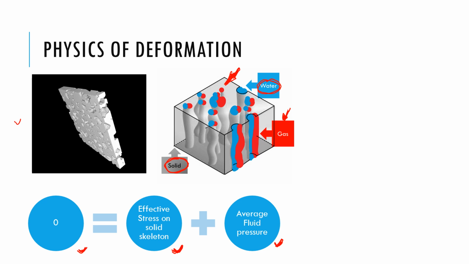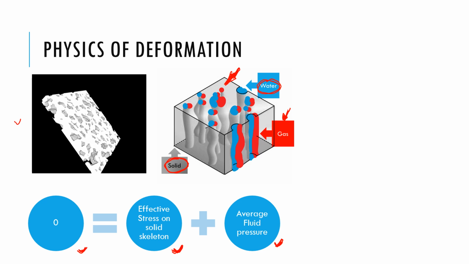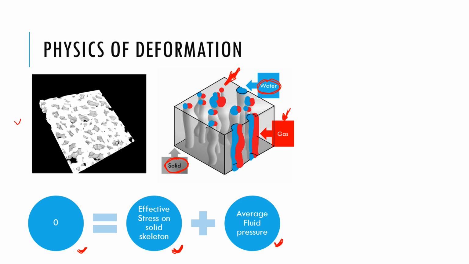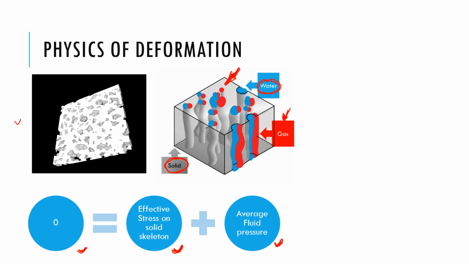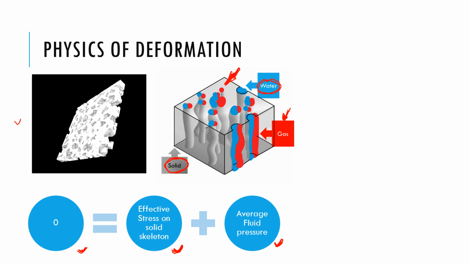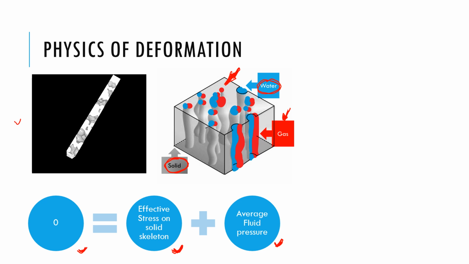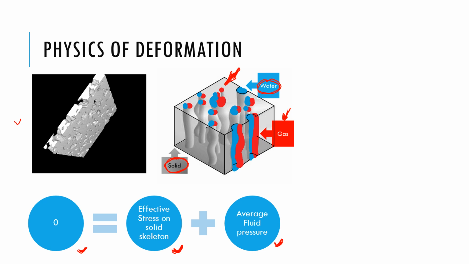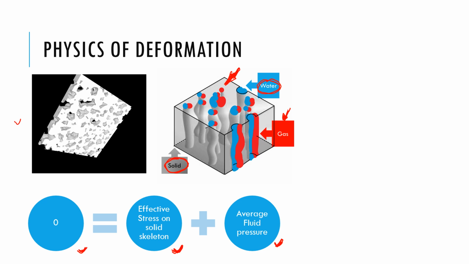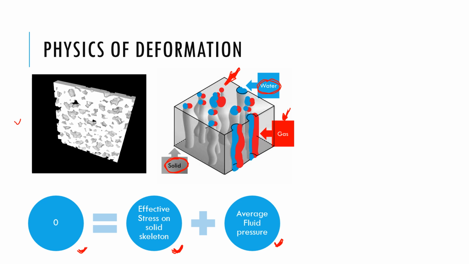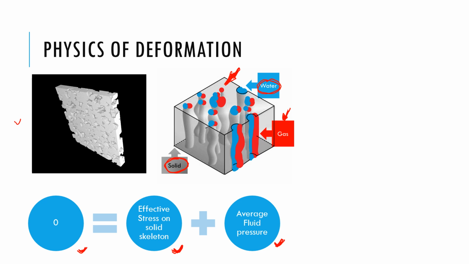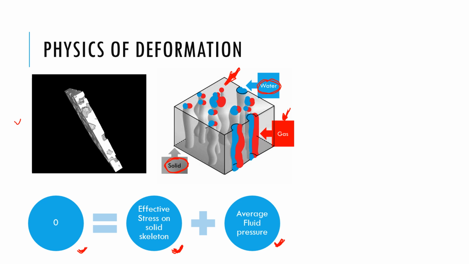All of that in the transport equation earlier is going to give us the fluid pressures. If we know the gas pressure and the liquid pressure, we can take a weighted average of them to get the fluid pressure. And because we know the fluid pressure, we can find the stress on the solid skeleton.